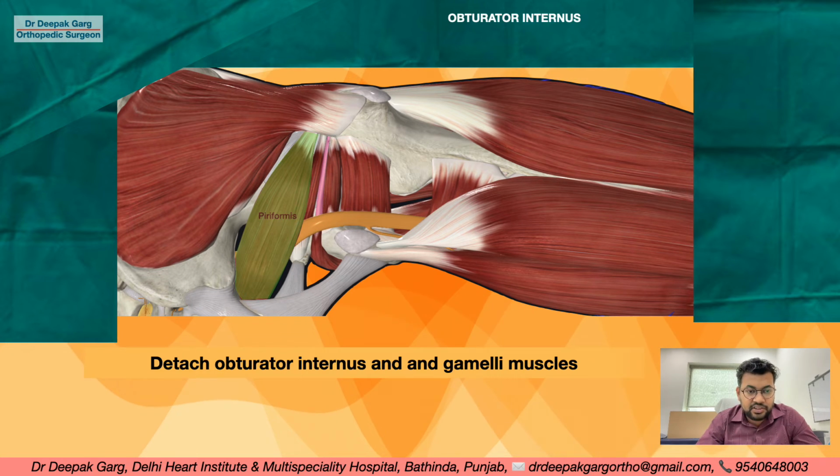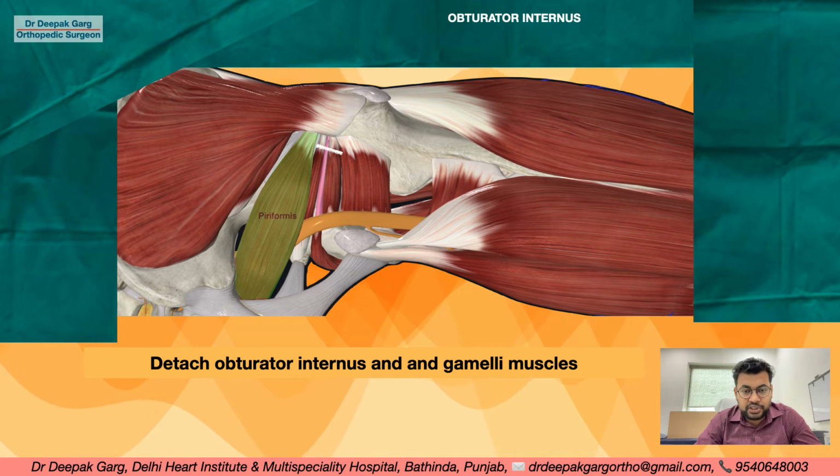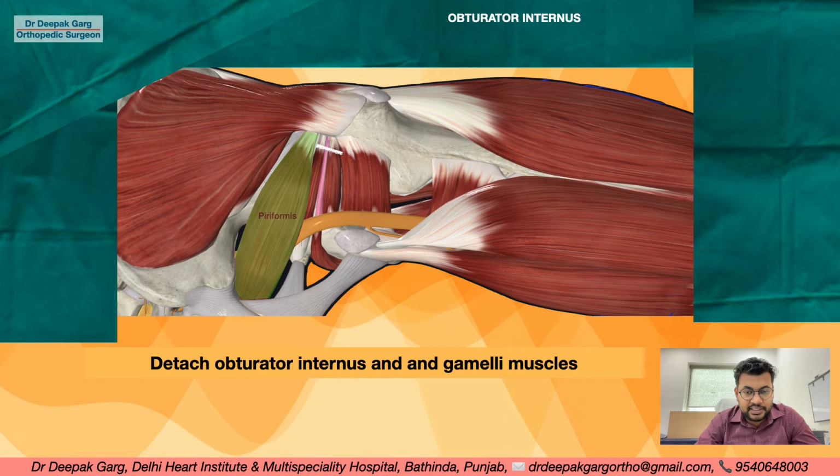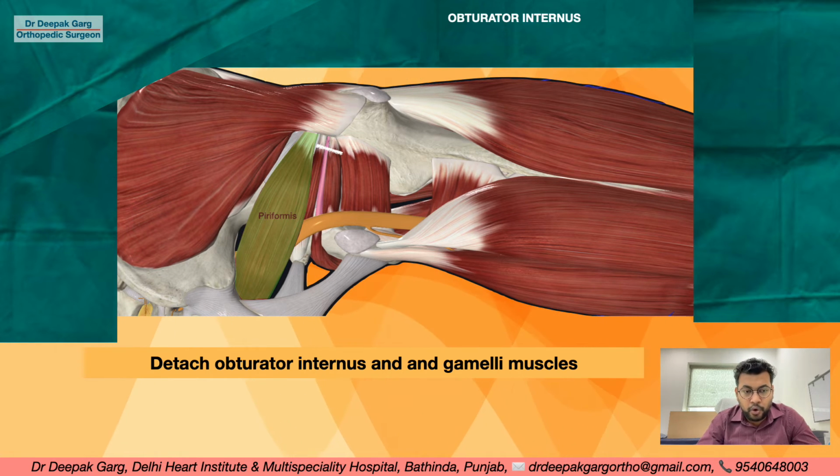We will detach the three muscles, the obturator internus and the gemelli muscles. So once we cut these three muscles, we can see that the sciatic nerve is lying posterior to these muscles. So once we cut and retract these muscles, we will be able to retract the sciatic nerve along with these muscles, and then we will be able to make some space inside the greater sciatic notch safely, where we will be able to put a Hohmann.